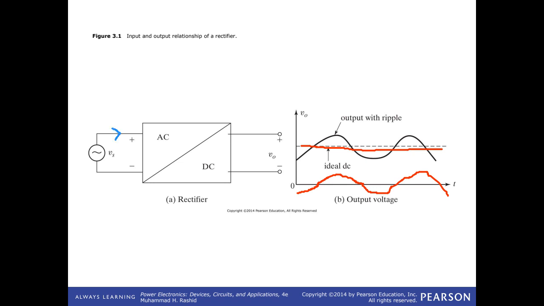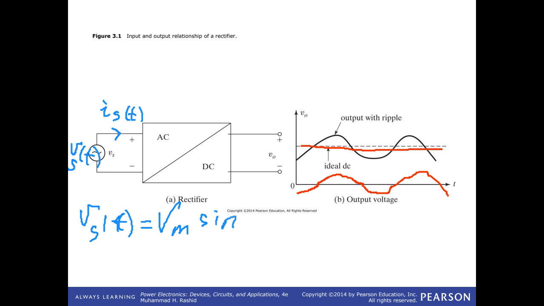We have input current IS as well. Of course, you have supply voltage, which is AC, time function. Even sinusoidal, VS of t is equal Vm sine omega t.